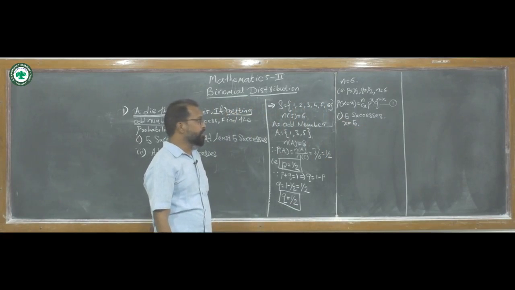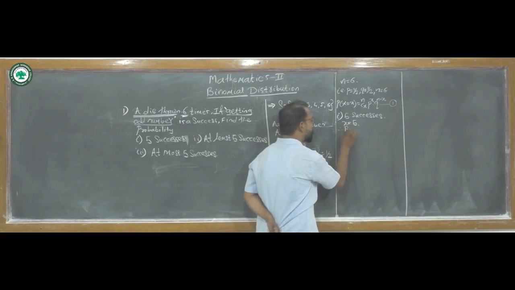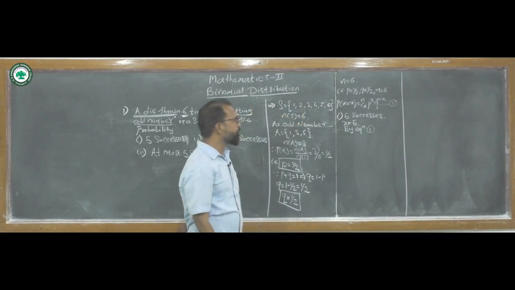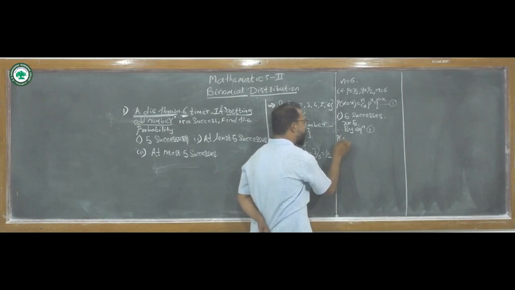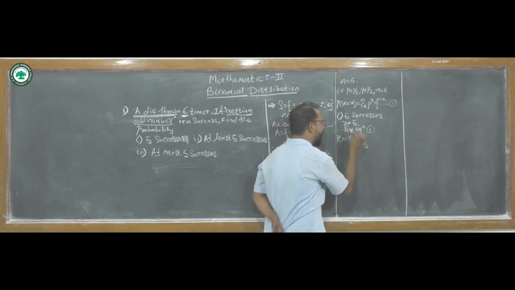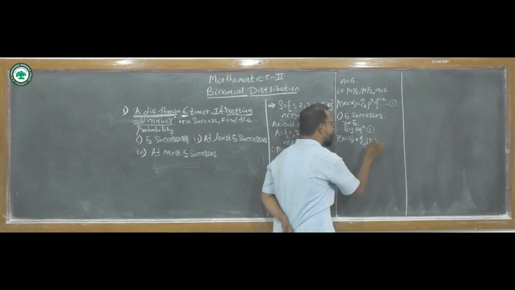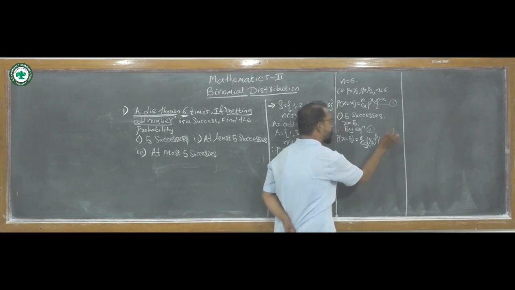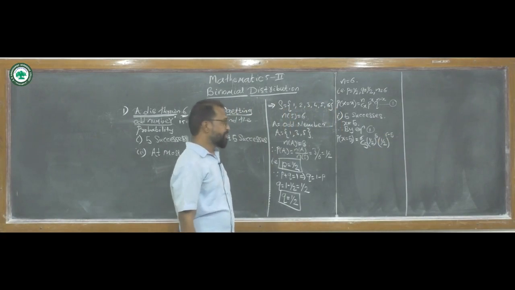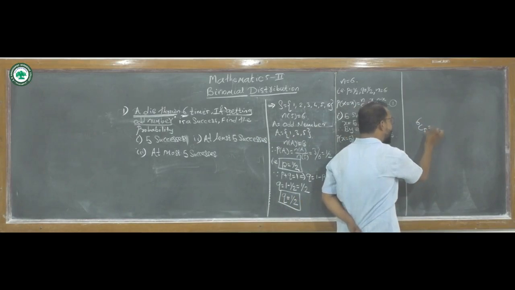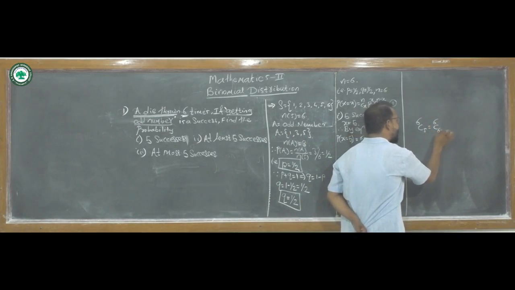Now putting this value in equation 1, we get probability of X equals 5 equals 6C5 (1/2) raised to 5 into (1/2) raised to 6 minus 5. And this 6C5 can be written as 6C(6 minus 5), that is 6C1.